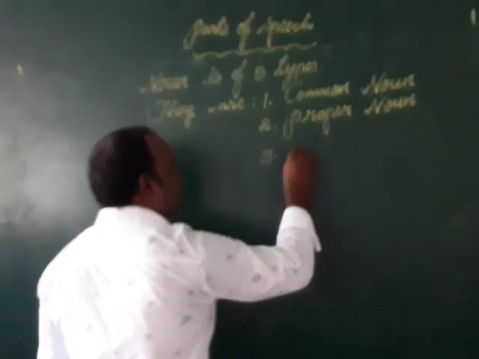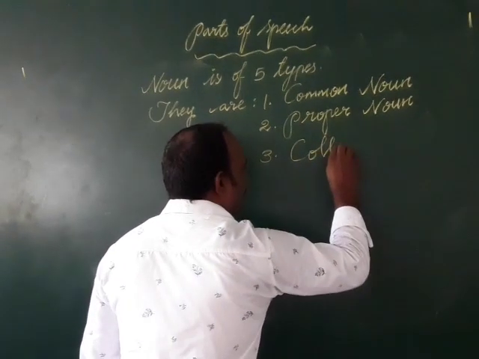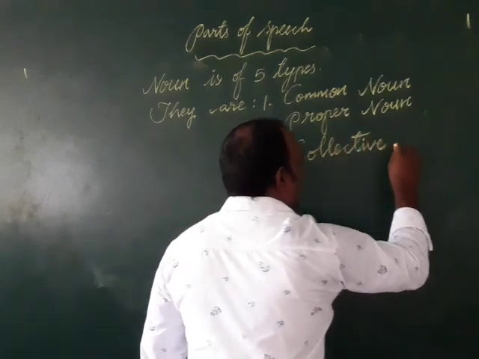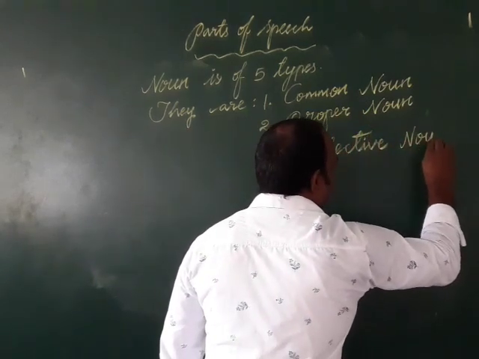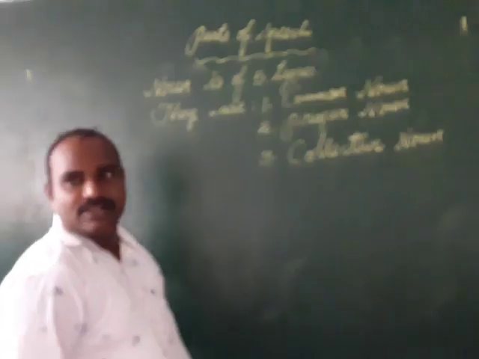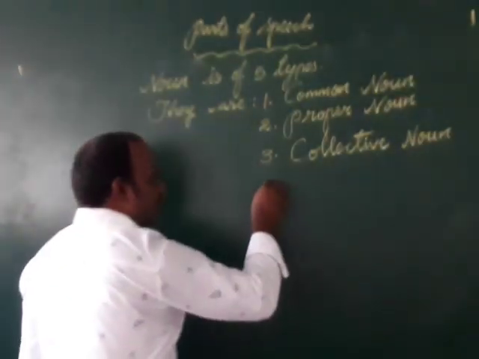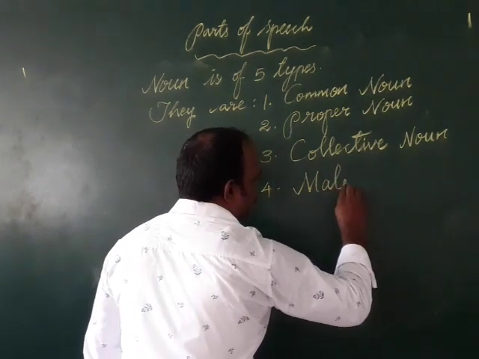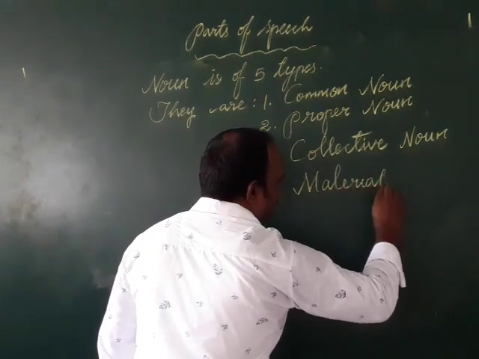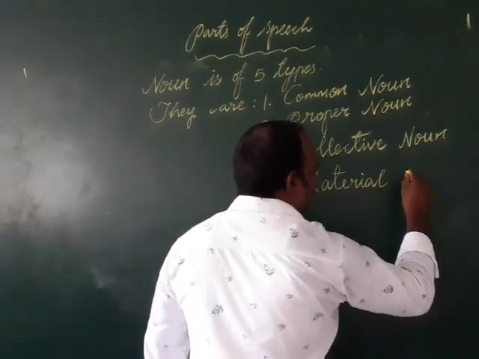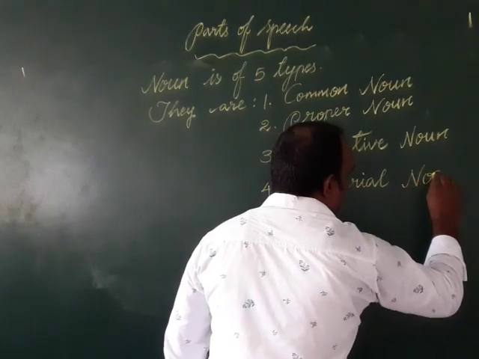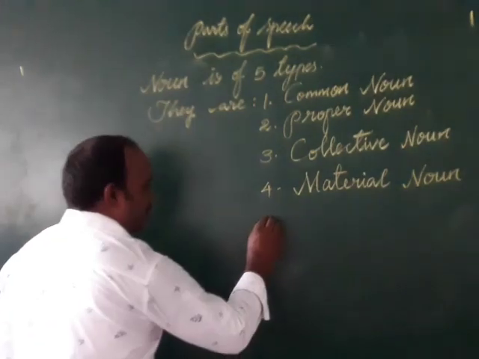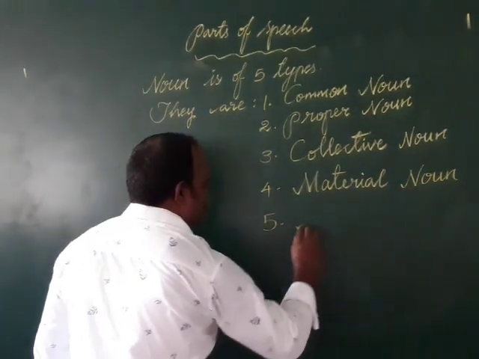Third one, collective noun. And the fourth one, material noun. And the last, fifth one, abstract noun.